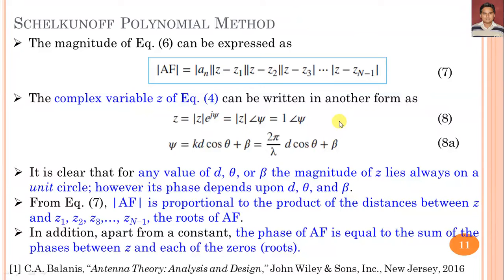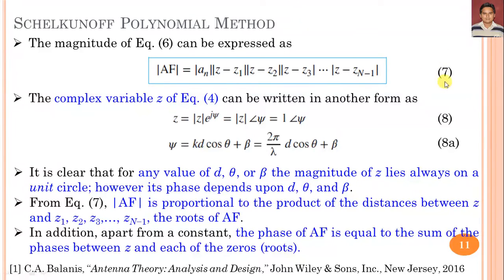So it is clear from these equations that for any value of d, theta and beta, the magnitude of z always lies on the unit circle, as you can see in equation 8, but its phase depends on the d, theta and beta coefficients.